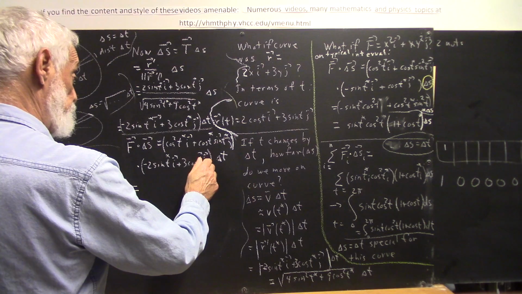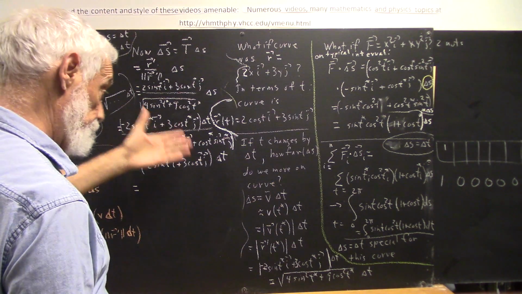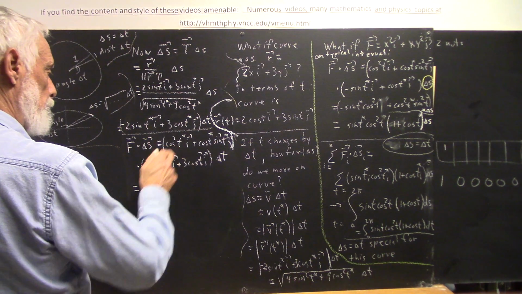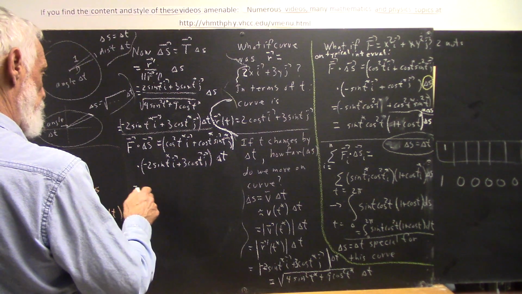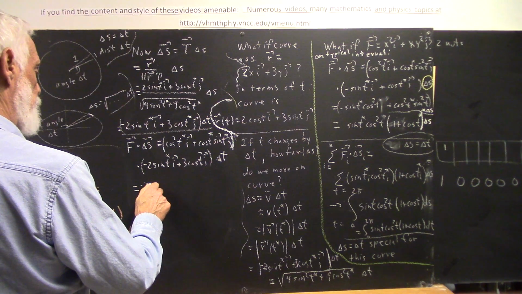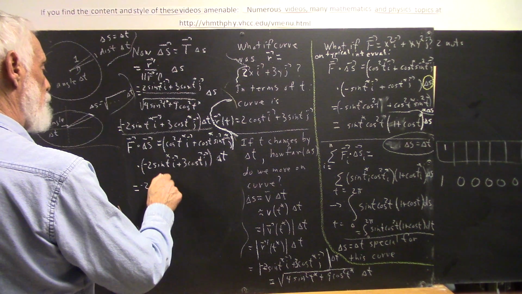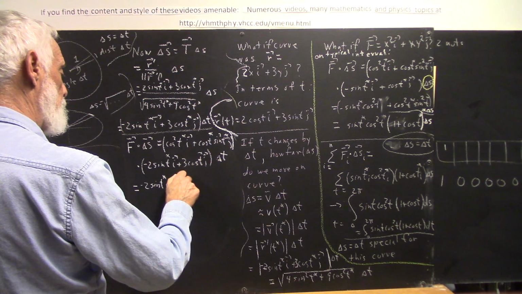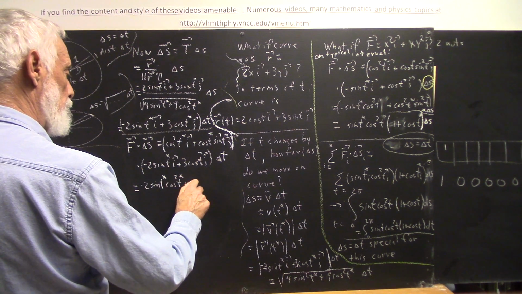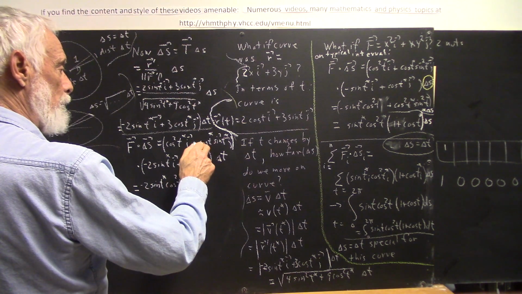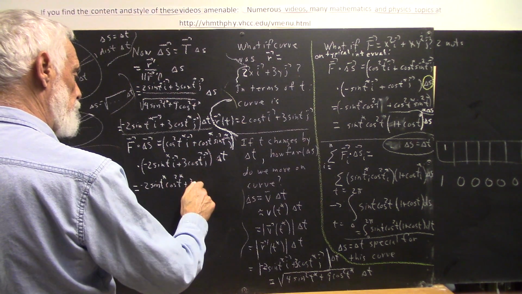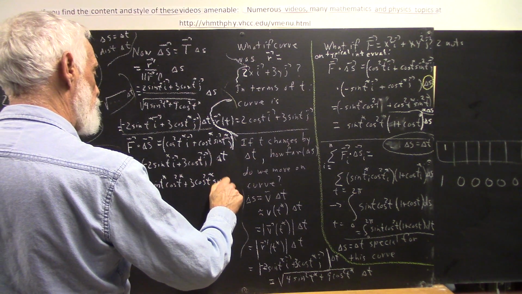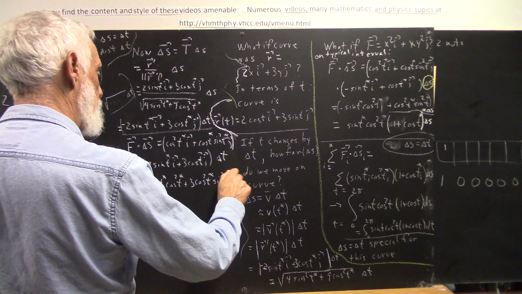Okay? And the dot product is clearly very easy to calculate. We're going to have cosine squared t times negative 2 sine t. So it's going to be negative 2 sine t star cosine squared t star plus what? 3 cosine times sine squared is cosine squared t star sine squared t star.